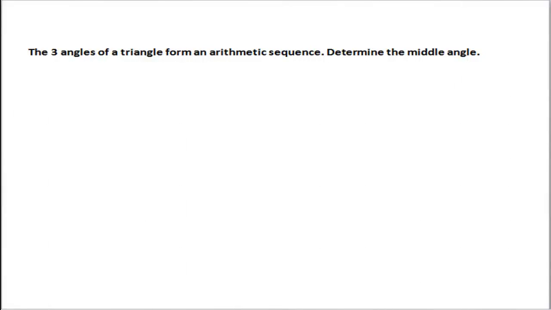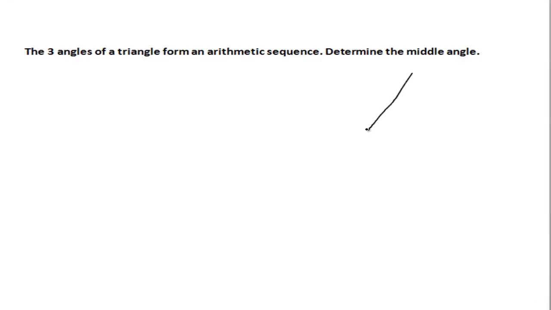This is problem number 30, and incidentally it is a problem that appeared in the national benchmark test, and you'll notice how easy this problem is. We've got three angles from a triangle. The three angles of a triangle form an arithmetic sequence.